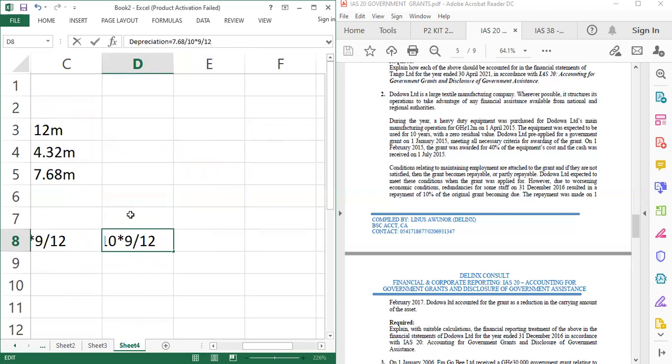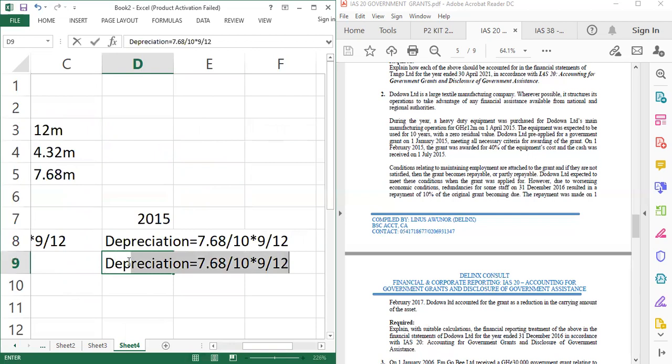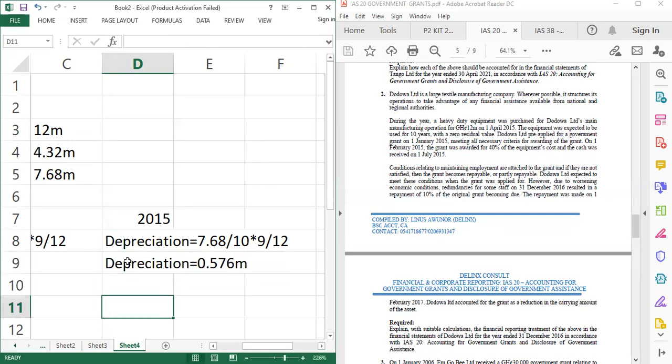What should have been the depreciation for 2015? 7.68 over 10 times 9/12. 0.576. Okay.